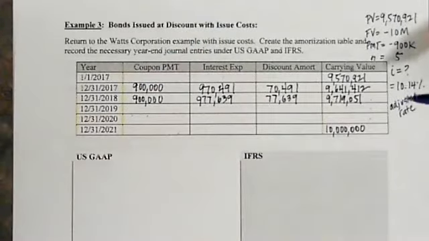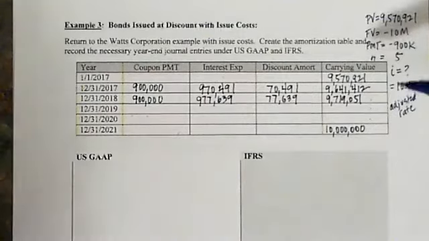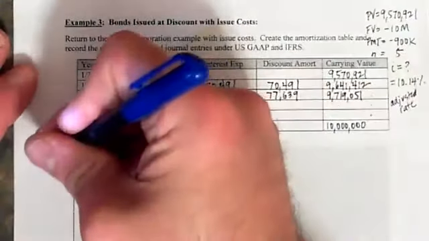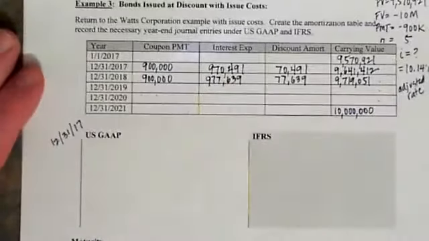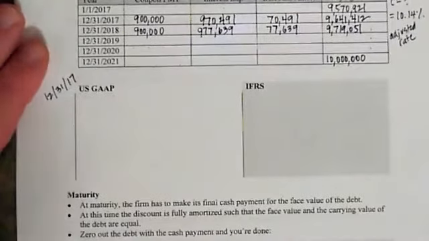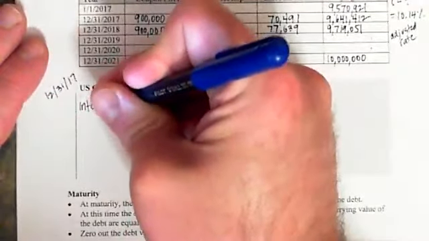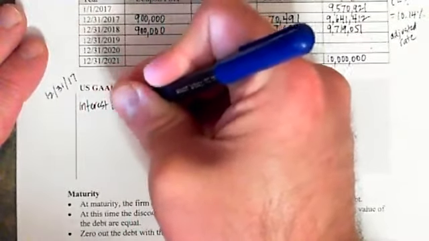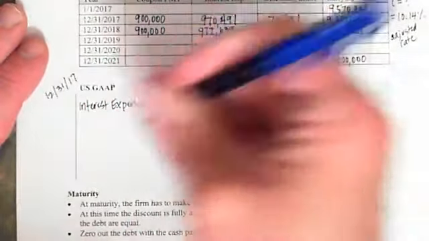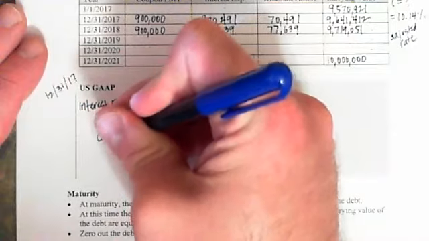The great thing about an amortization table is that once we've laid it out, we have the journal entries right in front of us. So for example, at 12/31/17, because we're paid cash on December 31st, we're going to record the interest expense, and rather than interest payable, because we're receiving the payment on December 31st, we just receive that amount in cash.